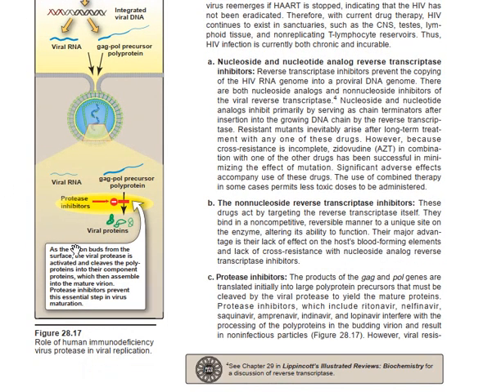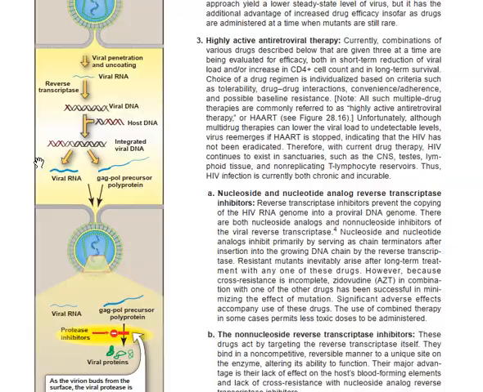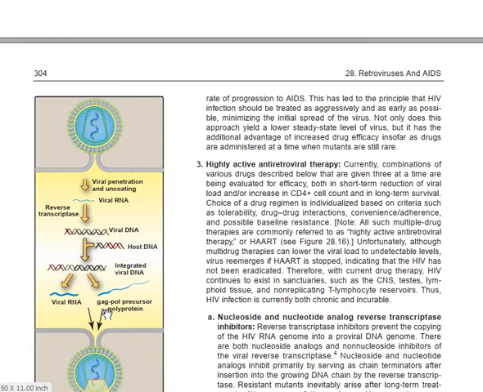And what happens is that the viral RNA, you have the gag-pol and all that; as the virion buds from the surface, the viral protease is activated and cleaves the polyprotein into the component proteins, which are then assembled into a mature virion. The protease inhibitor prevents this essential step in virus maturation. So this is how the protease inhibitor works, such as ritonavir. Is it clear? So that's an example of a protease inhibitor.